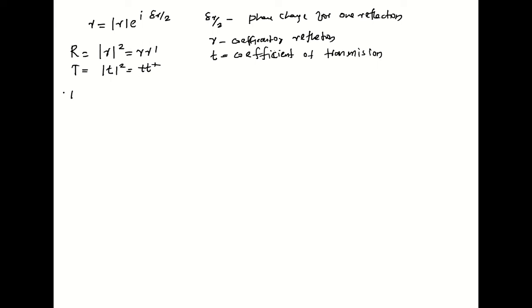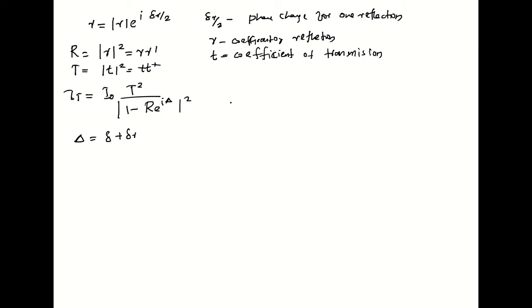So now if you have IT, the intensity of the transmitted wave that you have already seen, it will be equal to I0 t squared divided by (1 minus R e raised to i delta) all squared. The delta represents here the total phase difference, delta plus delta r, which is the total phase difference between two successive beams.